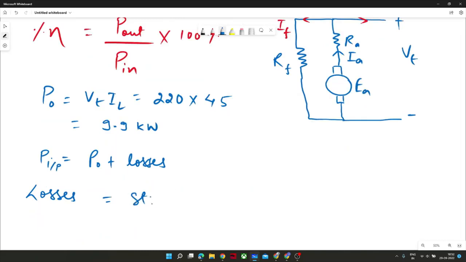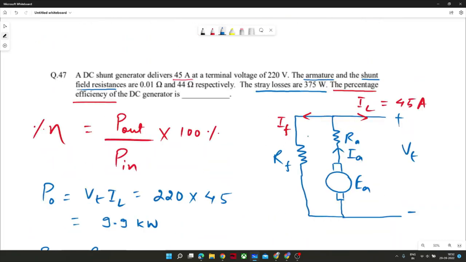So stray loss plus IA square RA plus IF square RF. We did not calculate IF yet. So IF would be straightforward, VT by RF. VT is given, RF is also given, 44 ohm. It would be 220 by 44, and it would come out to be 5 ampere.